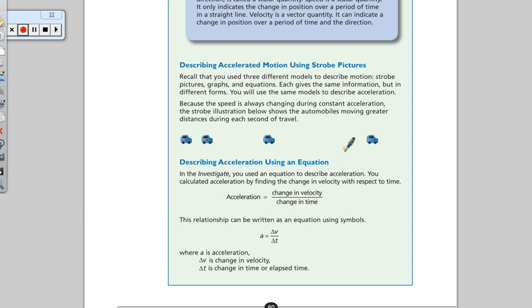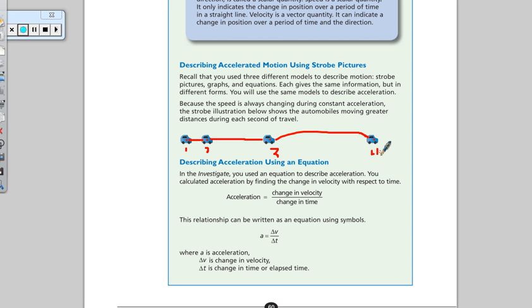All right. Now, we look at these cars and it goes from a short distance to a longer distance to a longer distance. So you can figure, where is this thing going the fastest? It's going the fastest at wherever the distance is the largest, okay? Because all these pictures, let's say this was taken at 1 second, 2 seconds, 3 seconds, and 4 seconds.